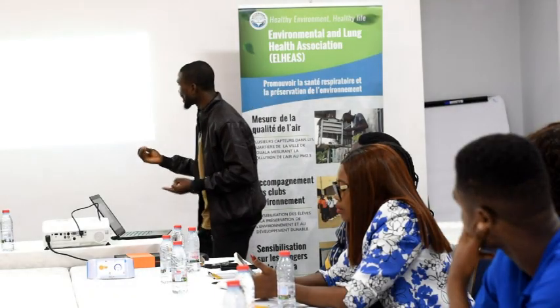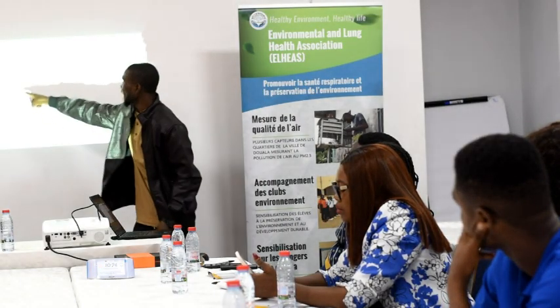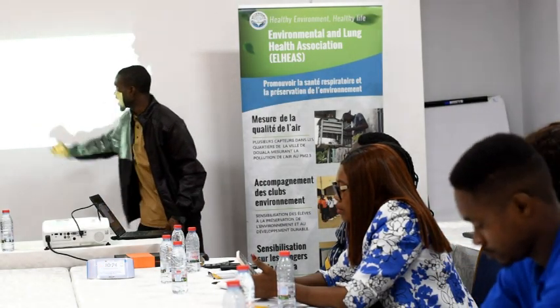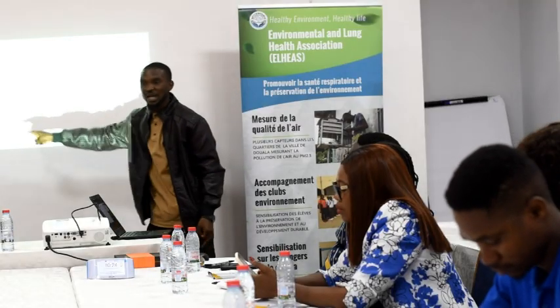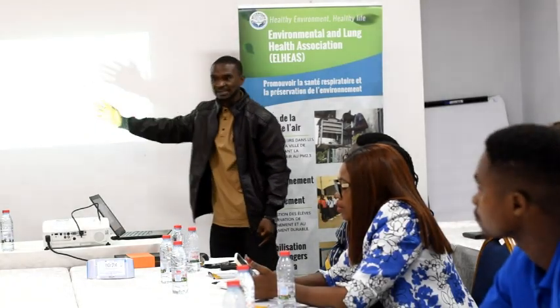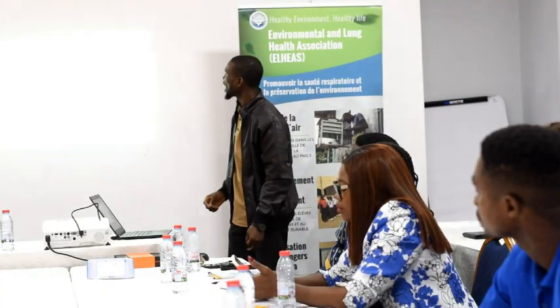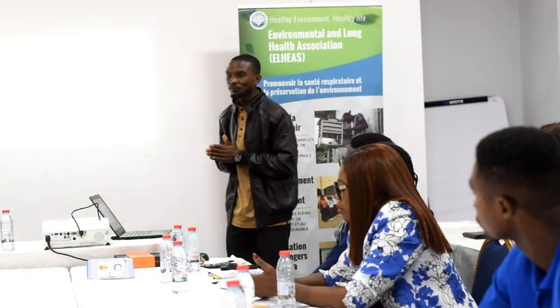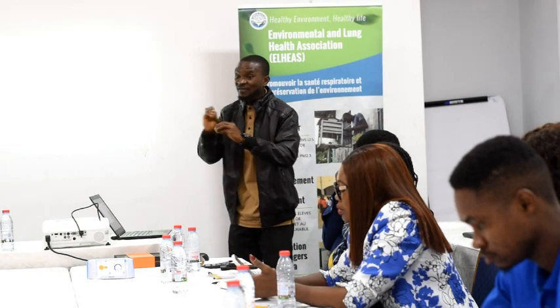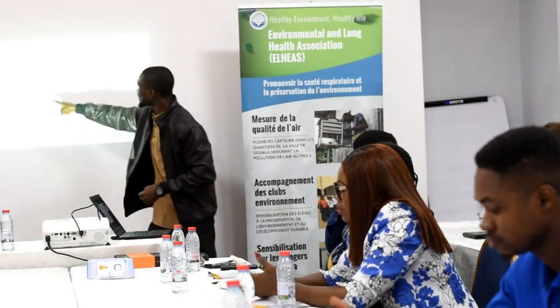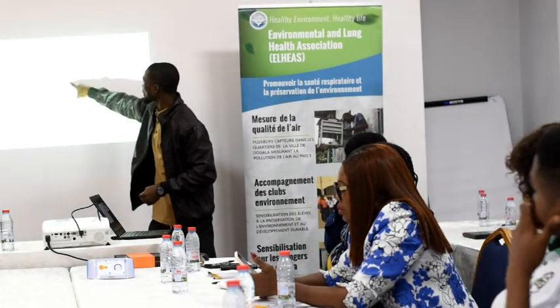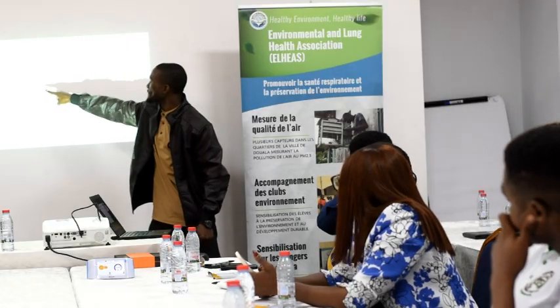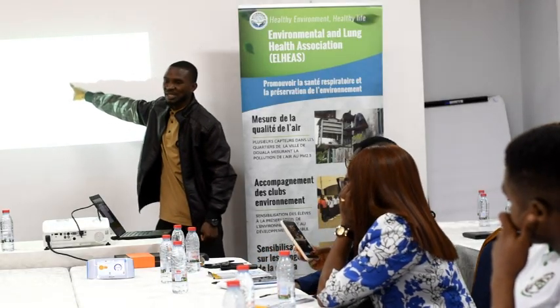So in polluted air, it's possible that you can have PM 2.5, PM 10, ozone, nitrogen dioxide, and others. But now, at what quantity is each of these pollutants? That's what we are looking at. In a very polluted air, you can have PM 2.5 of 35 micrograms per cubic meter.